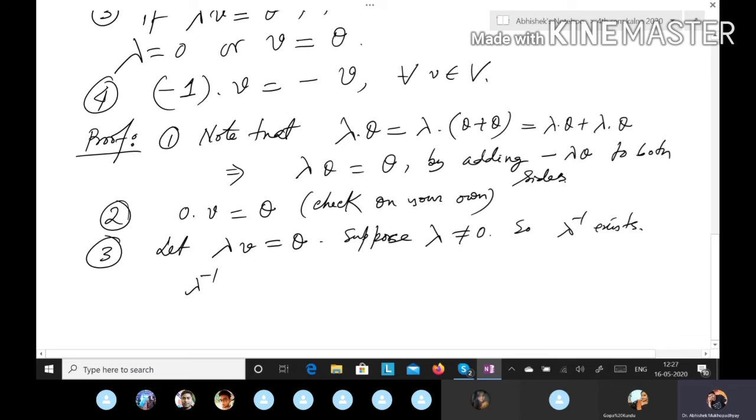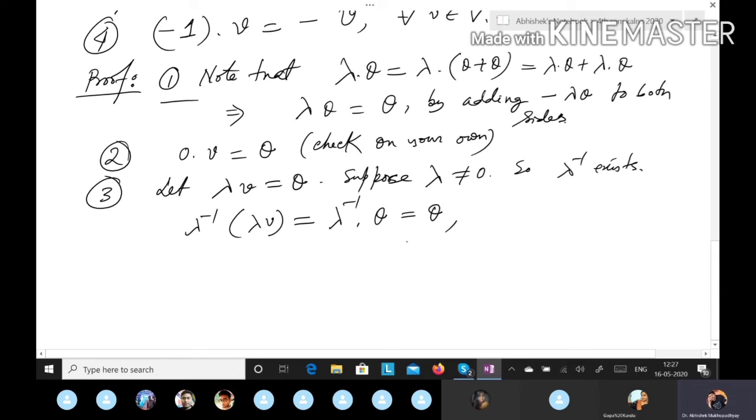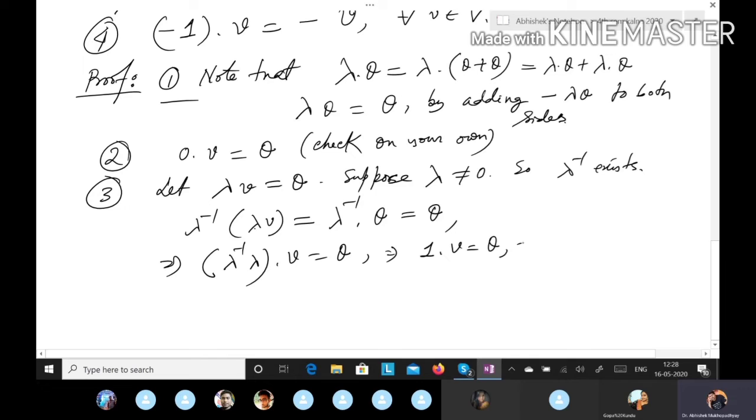Then it will give lambda inverse dot theta, which has been proved to be theta in 1. On the left hand side we shall get lambda inverse times lambda V. By the axiom of vector spaces, it is lambda inverse lambda dot V, so it is 1 dot V equal to theta.